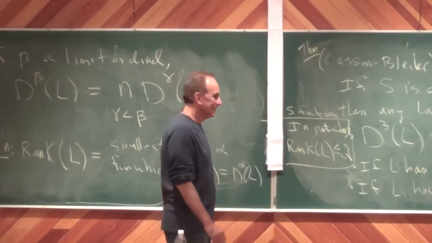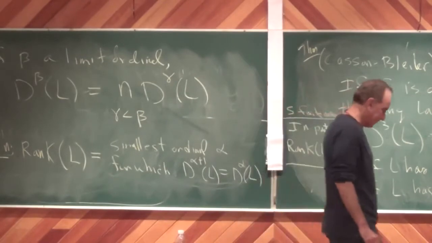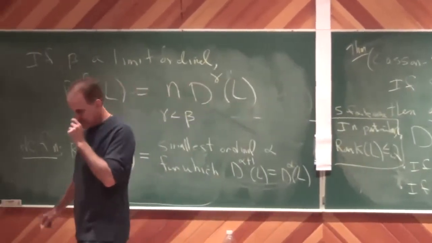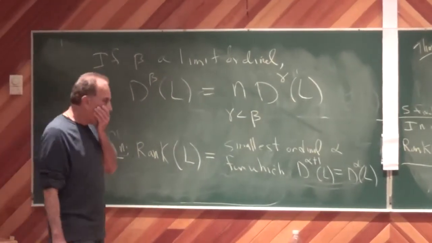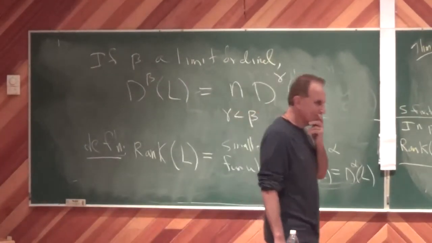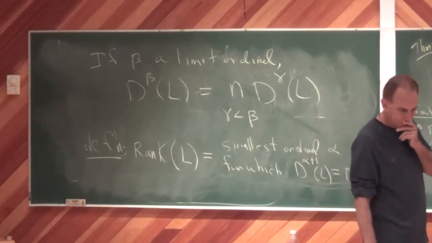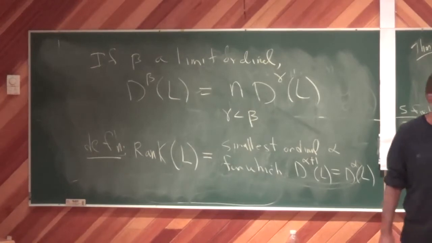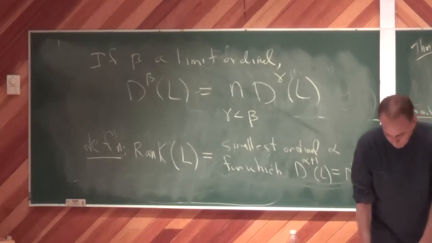Can you have infinitely many non-closed and isolated leaves on a closed surface? I'm not sure. Maybe somebody knows. That's certainly known.